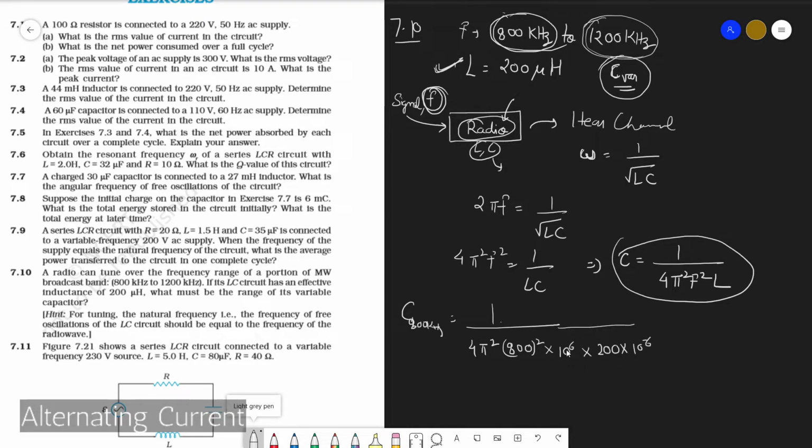So ultimately these are going to be cancelled out, and you can calculate the value of C for 800 kilohertz here.